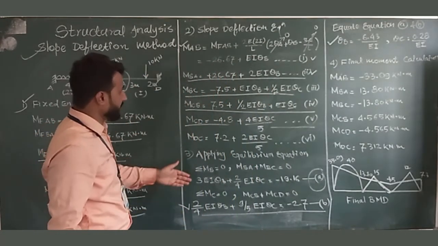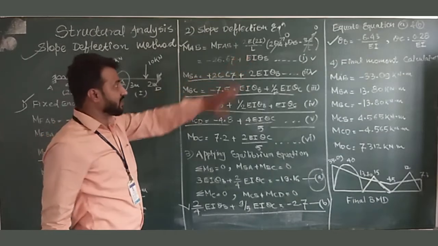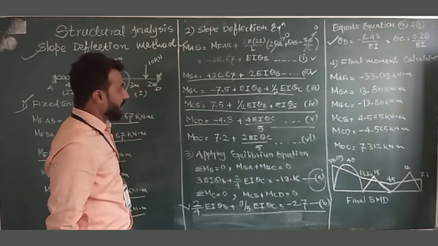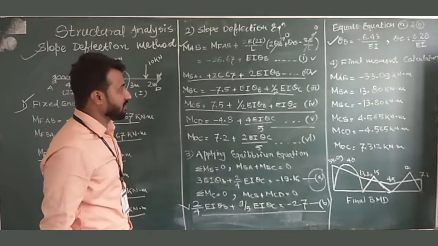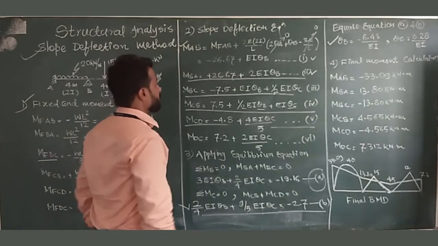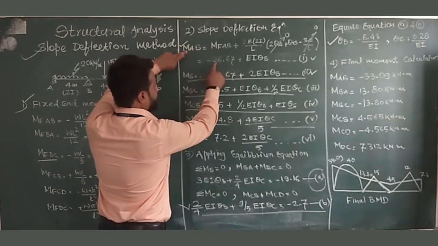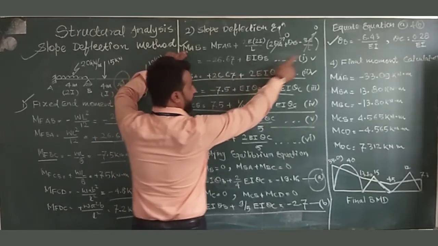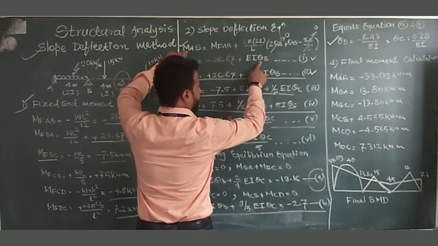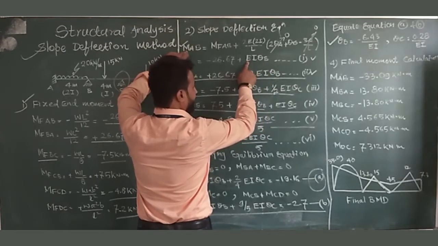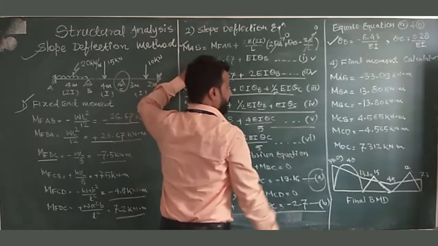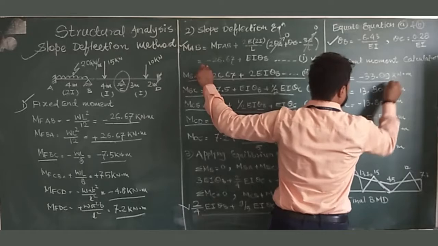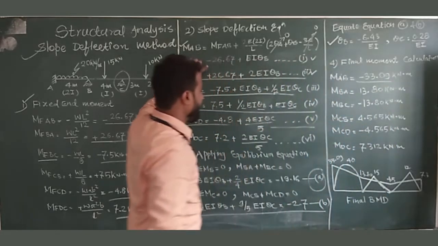Putting them into these 6 equations, we will get the final moment calculation. The very first equation is minus 26.67; we put theta B as minus 6.43 divided by ER there. ER will get cancelled, and finally we get minus 33.09 kN/meter.